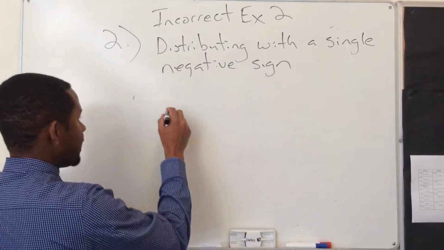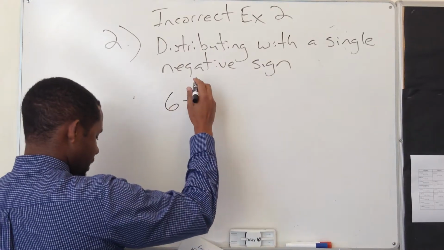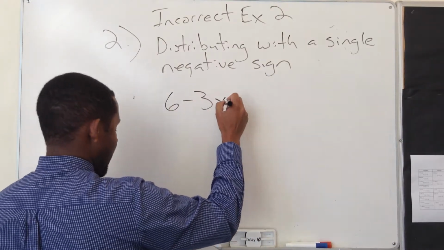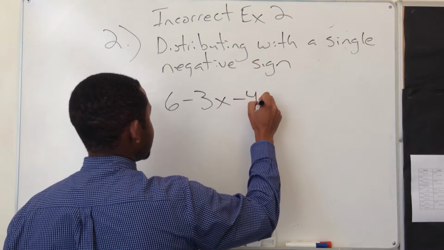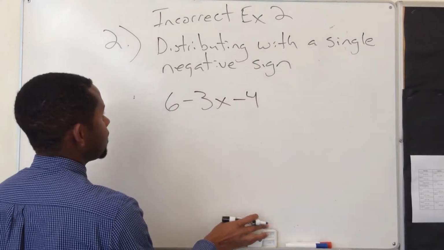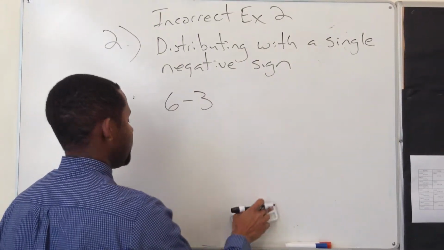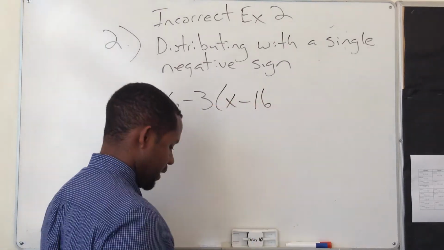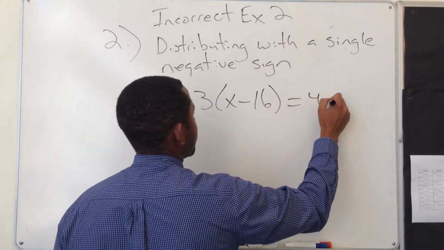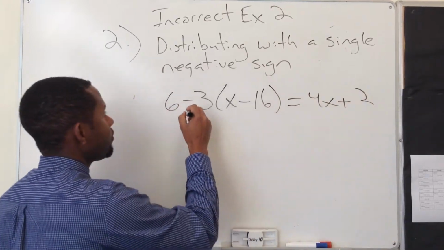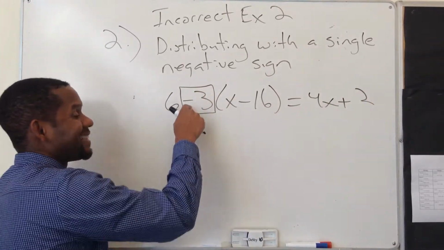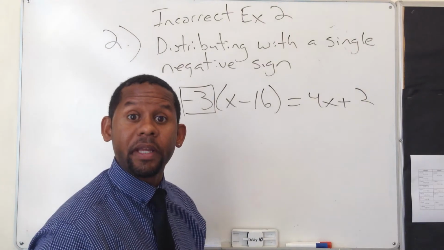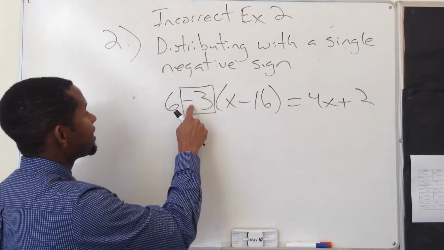If you want to actually do your work correctly, you need to recognize, if I have 6 minus 3 times x minus 16 equals 4x plus 2, I need to look at this as a negative 3. Make sure you see these things as connected.